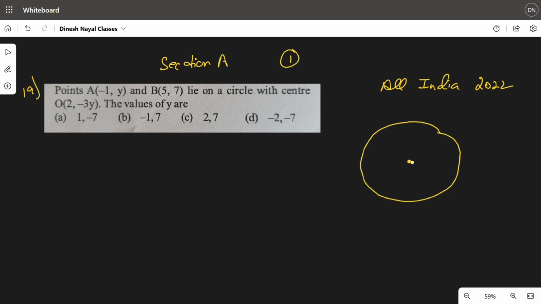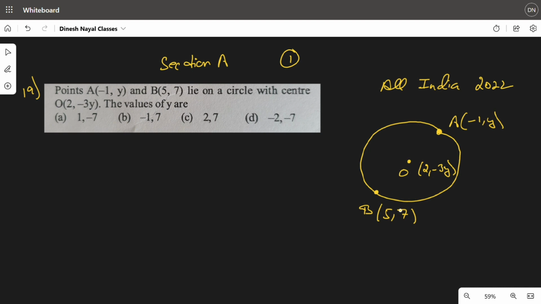The circle. This is the center O. Take this as 2 comma minus 3y. Now take the point A at this point. This is the point A on the circle, minus 1 comma y, and B, any point B, 5 comma 7.